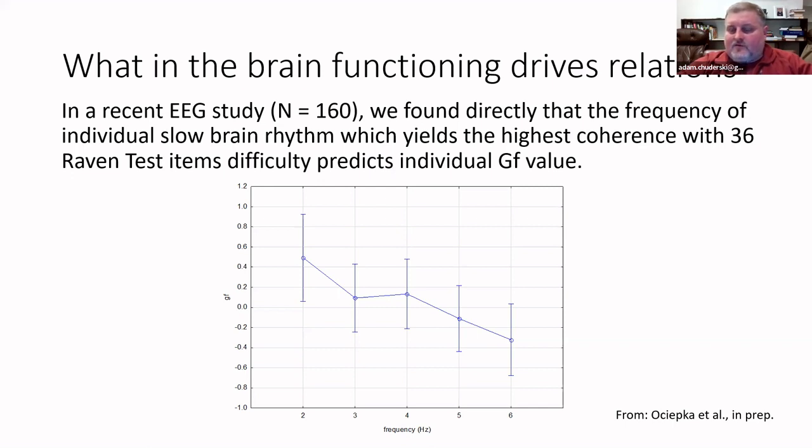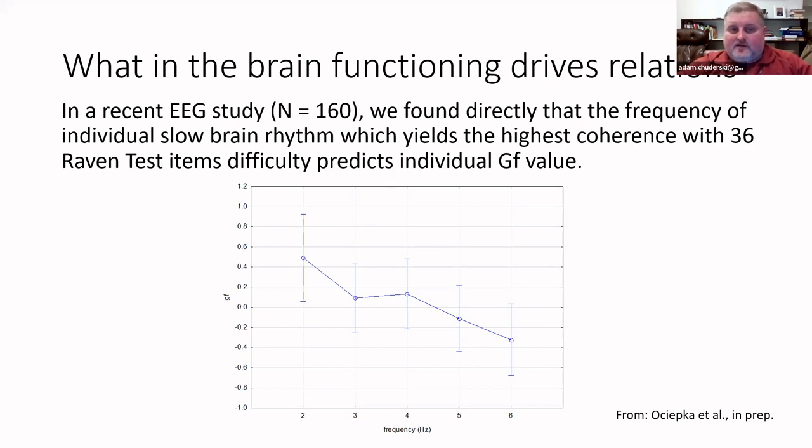So if some frequency correlates very strongly, it's one of the last slides, don't worry, if brain activity correlates with the difficulties of consecutive Raven items, you can say that for this individual, possibly this frequency is responsible for processing relations in the task.